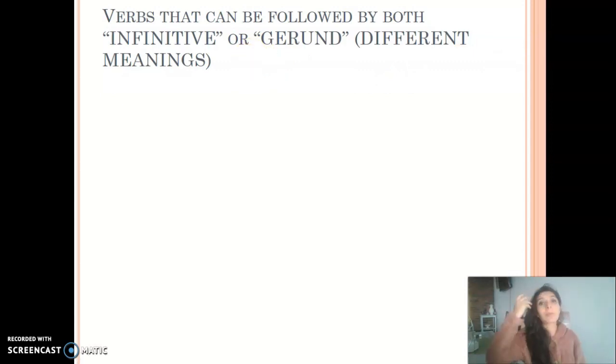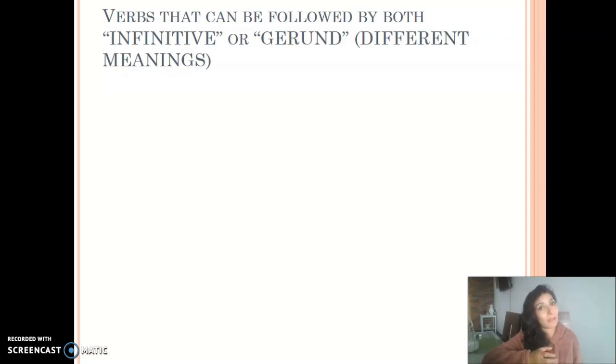In the previous slide, we saw some verbs that can be followed by infinitives and gerunds, and they do not change the meaning of the sentence. But here we are going to analyze some verbs that can be followed by infinitives or gerunds, but they change the meaning of the sentence.